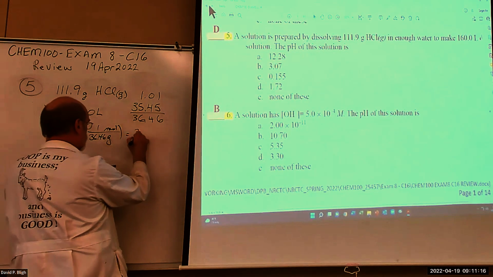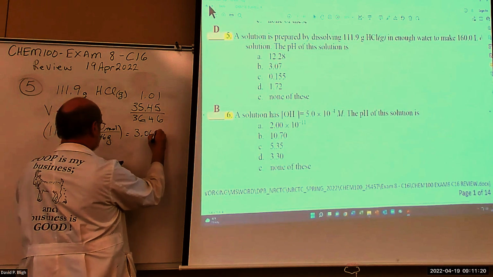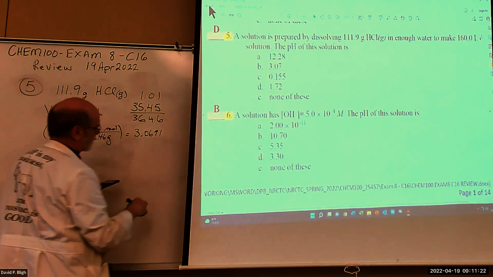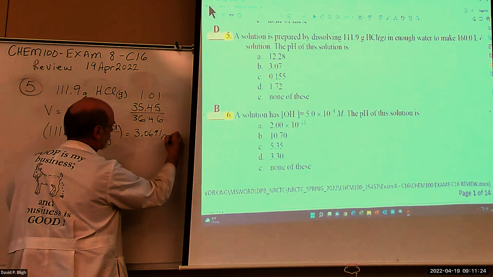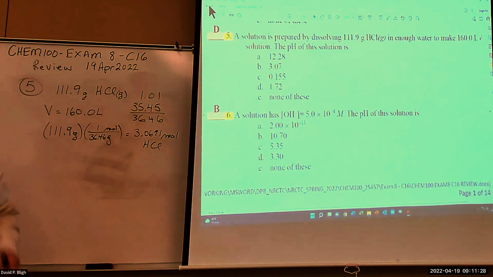And I get 3.0691 mole of HCl that we put into solution.